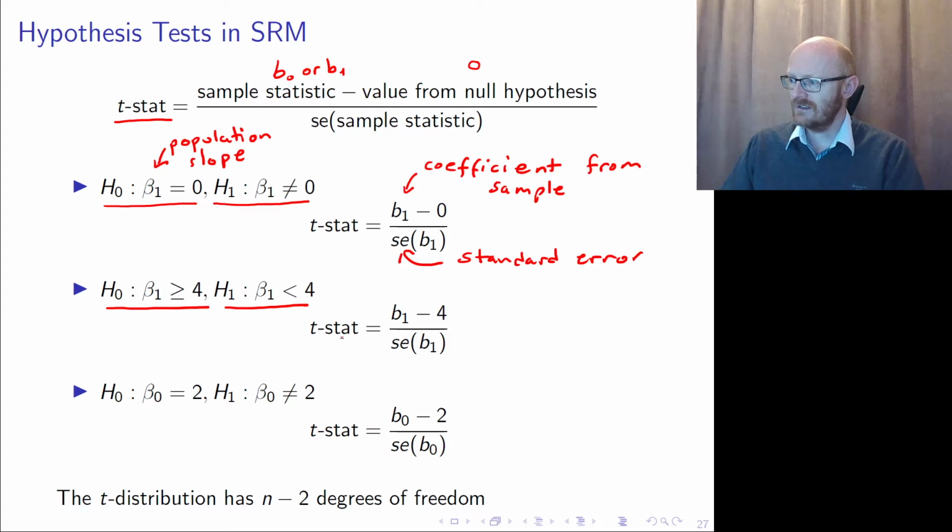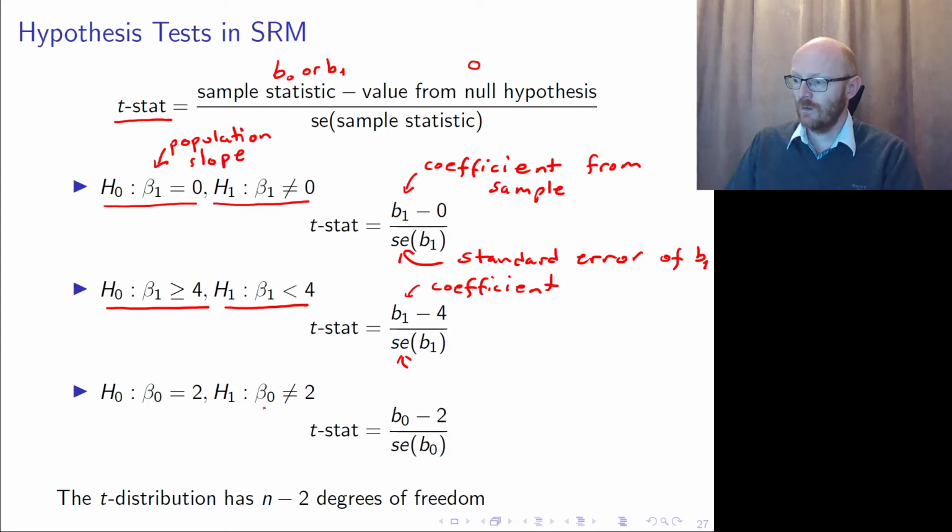So the t-stat would then be the coefficient, and we would subtract 4 from the coefficient, and this would be the standard error of the coefficient.